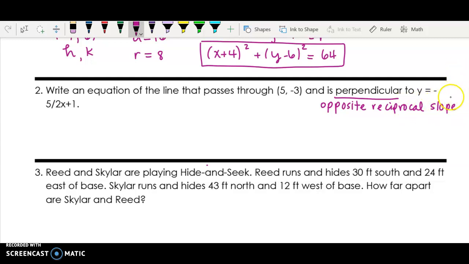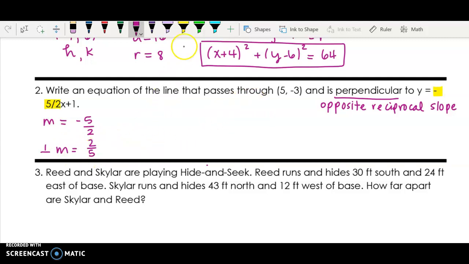Our given line has a slope, we have our negative here, and 5 halves on the other end. So the slope that we're given for our line, m equals -5 halves. The perpendicular slope to that is positive 2/5.